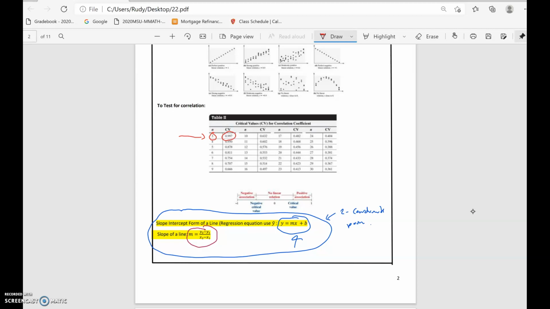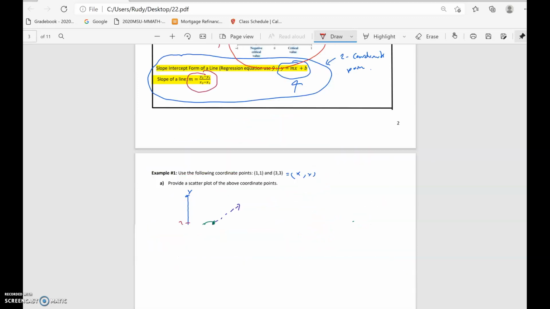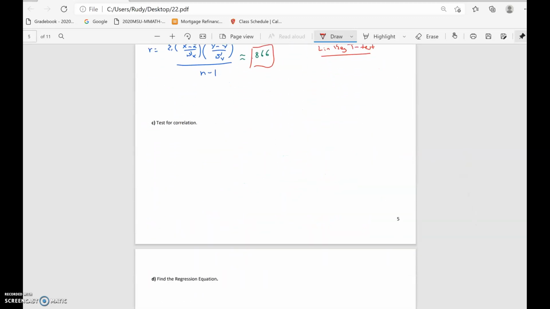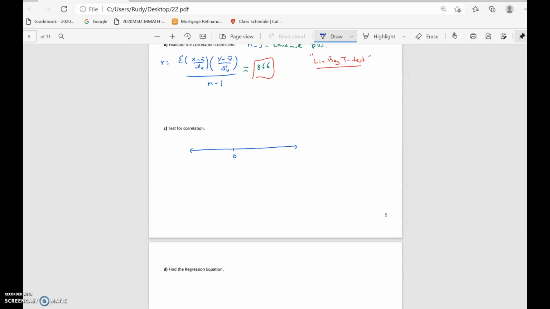Our critical values are going to be 0.997. And then we're going to be looking at this chart. So in this case, let me provide the sketch. So we typically just put a line, a horizontal line. This is the values of 0, meaning that there's no linear pattern.